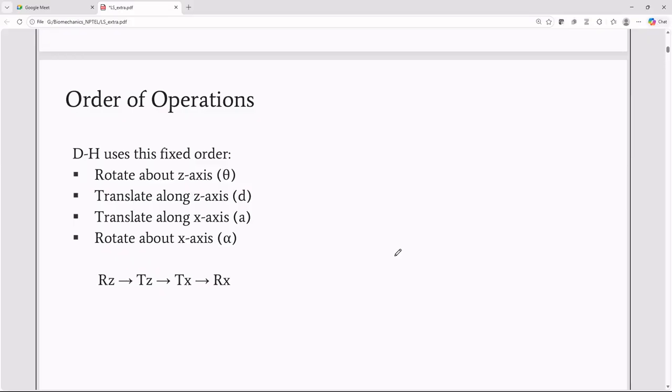And for the Denavit-Hartenberg parameters, we have to follow this set of operations. First, we have to rotate about when we are fixing.